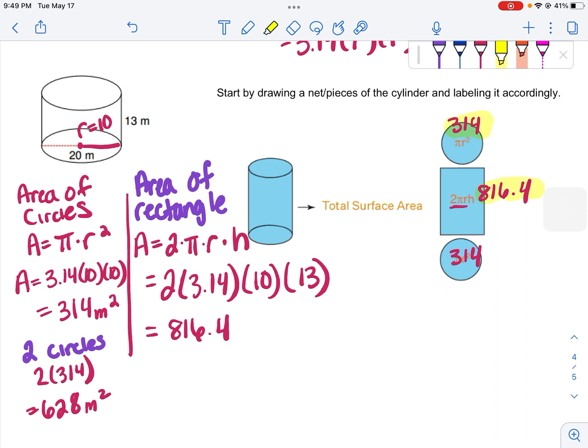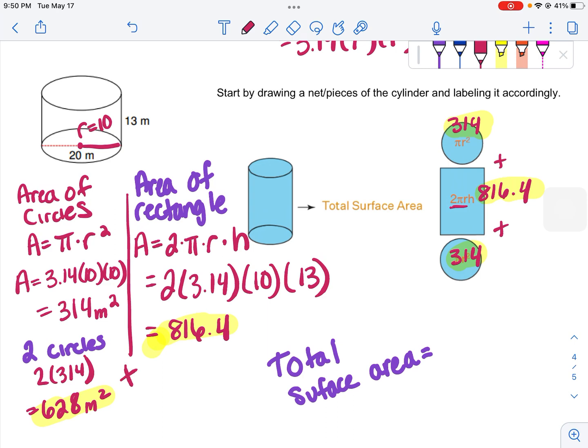So now I have the areas of each of my pieces. So what would my total surface area be? You'd find the total surface area by adding up the two that you have right here.